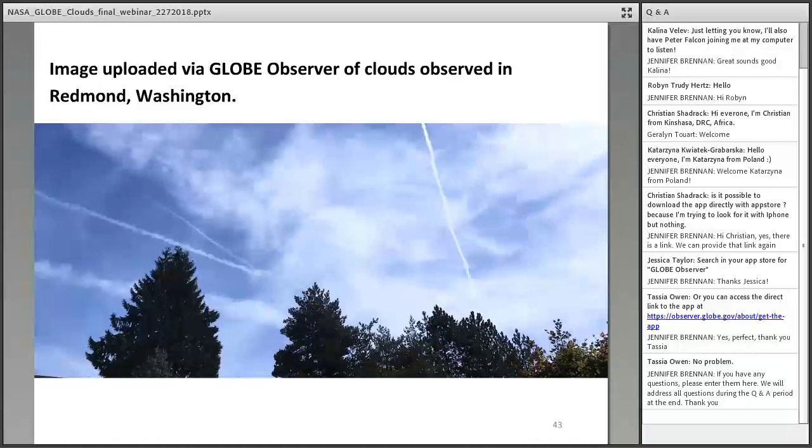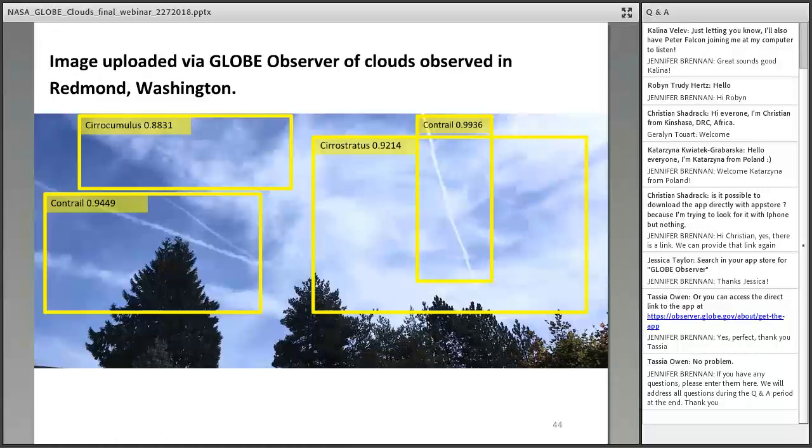So an image like you would see here, if we put this through the algorithm that's in development, we would output something like this. So it has bounding box regions around the different cloud instances, as well as, most importantly, a cloud type proposal. So oftentimes, as end users submit their observations and we generate a satellite match report, users will wonder if their observation was incorrect, if there was a discrepancy between what the satellite saw and what they reported.